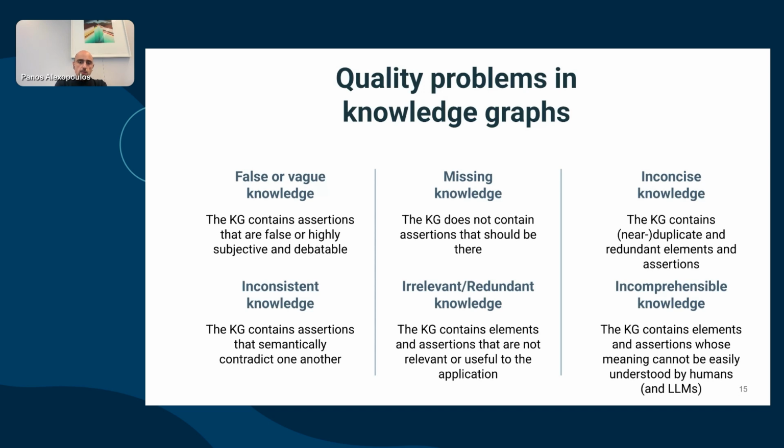A fourth problem is when we have knowledge that is irrelevant and redundant, right? So in many cases, a knowledge graph can contain knowledge about multiple domains, about multiple scenarios, about multiple types of questions.